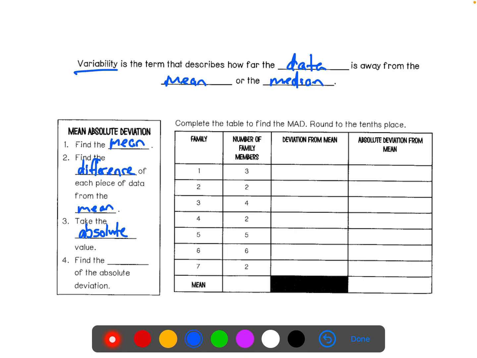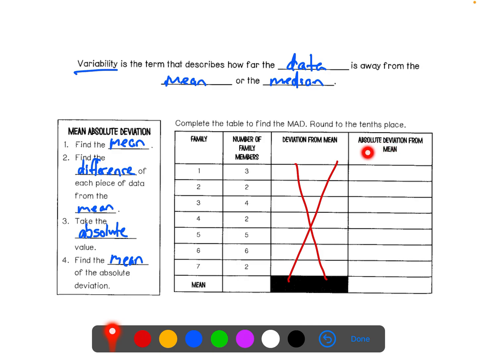And then finally, we're going to find the mean of the absolute deviation, which is finding the mean again. One thing I want you to skip is right here. Skip this part. That's not what we did on the last one. We just found the absolute deviation.